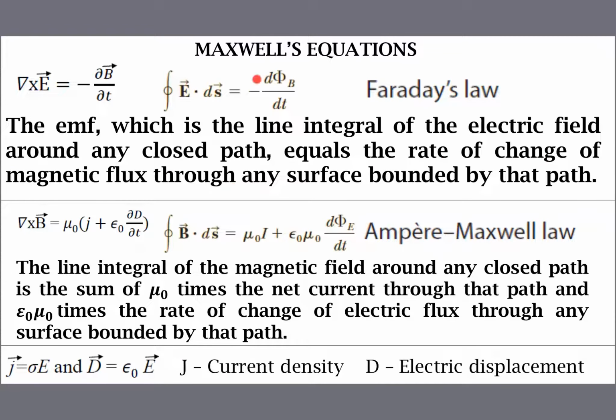So this is exactly what Faraday's law we learned in secondary school is saying. Capital Phi here is magnetic flux. The rate of change of magnetic flux is directly proportional to the EMF.